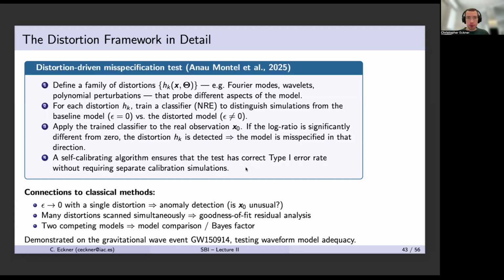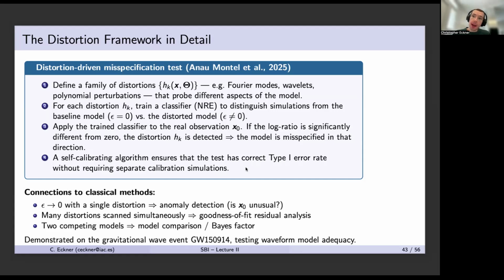Right, and there are some internal self-calibration algorithms that make this a good method, and you can show mathematically that this paper is basically a goodness of fit residual analysis, with an actual quantification of how well your simulator fits the real data. What you can also do, of course, is a model comparison in ratio estimation.